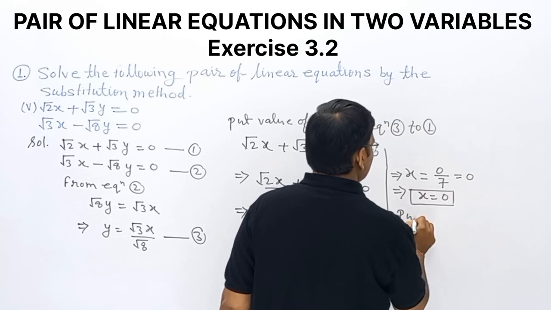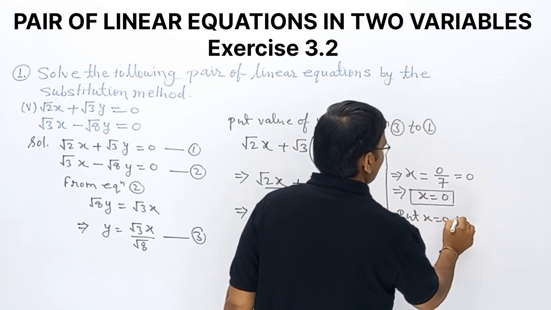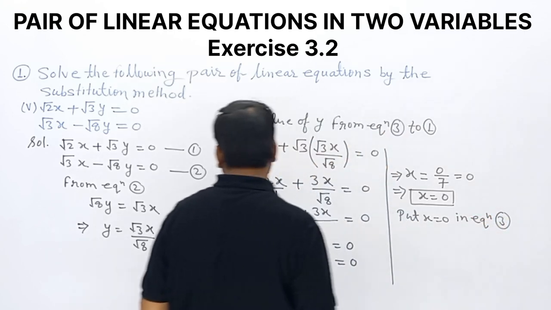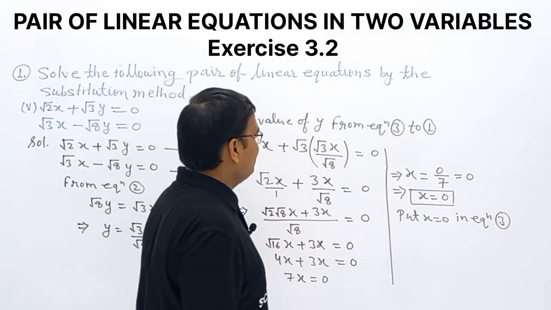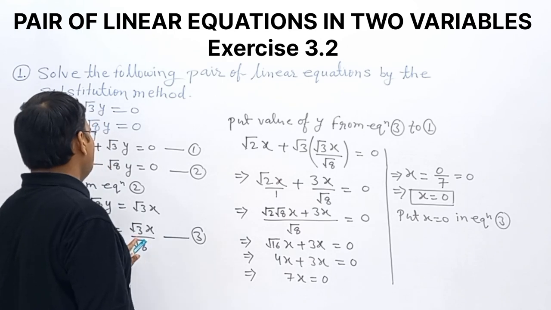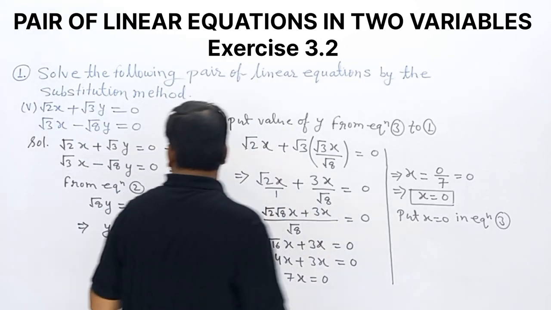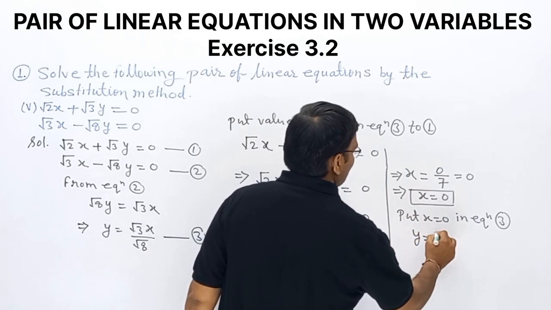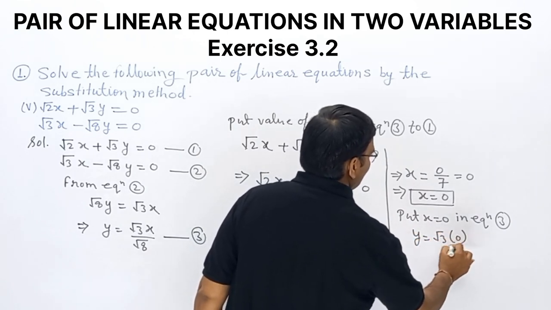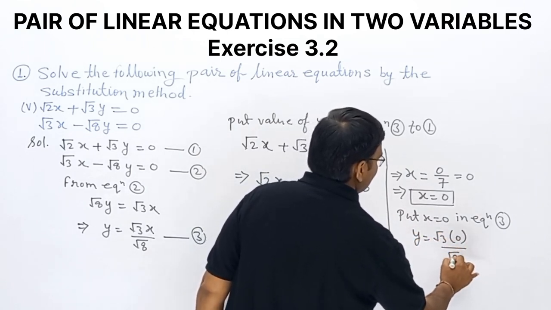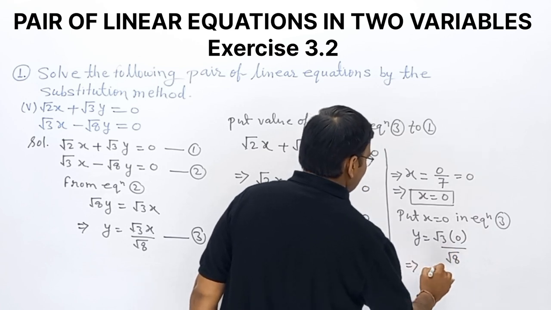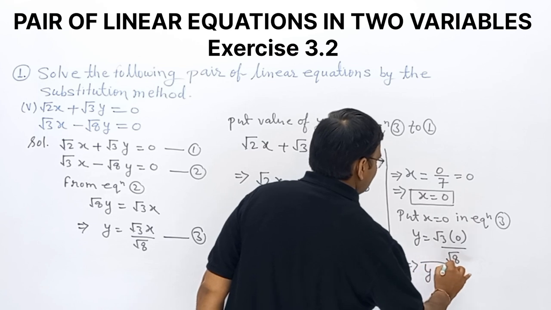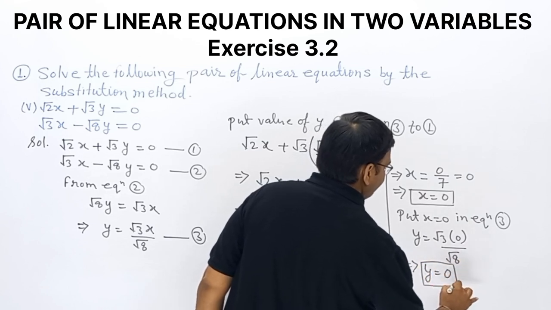Put x equal to 0 in equation 3. Once we put 0 there, y equals square root of 3 into 0 divided by square root of 8, so y equals 0.